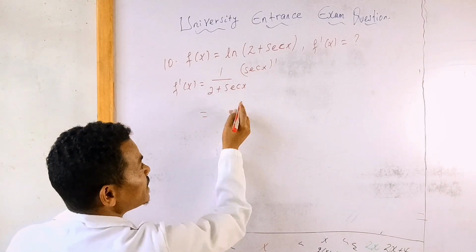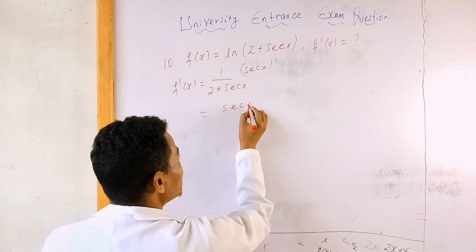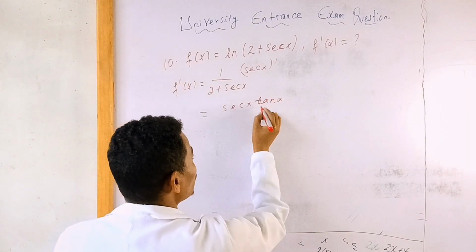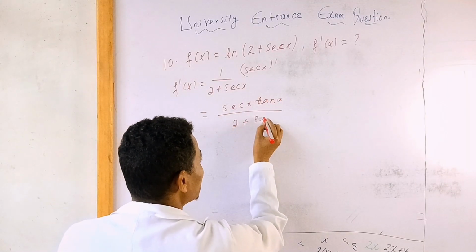So it's the same with sec x tan x over 2 plus sec x.